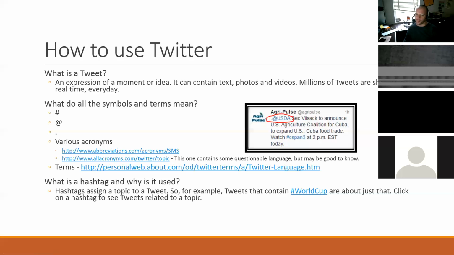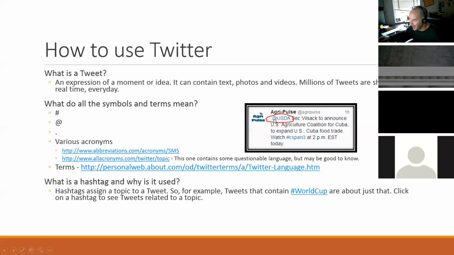So in Twitter, when you see a hashtag, it's going to be blue, or some color, depending on the theme of the app that you're using to work with Twitter. In this example, I've used this AgriPulse tweet, and they've retweeted a tweet from the USDA, and you can see I've circled that in red.